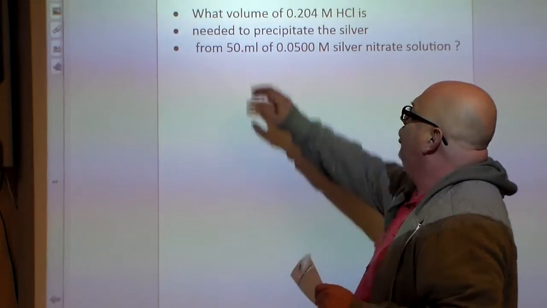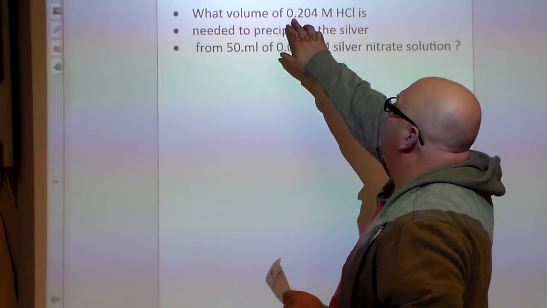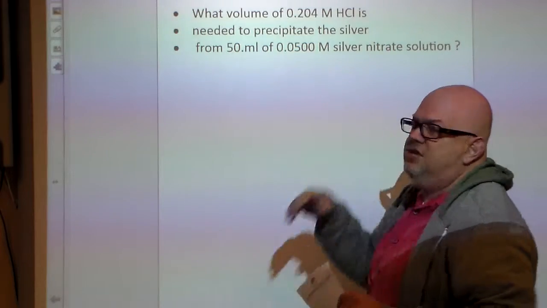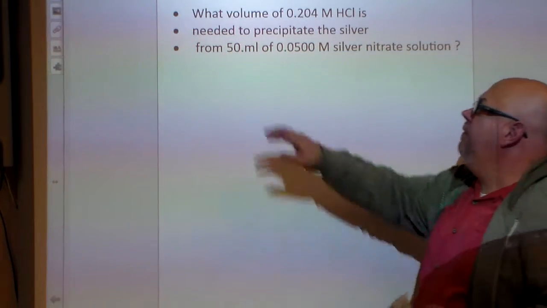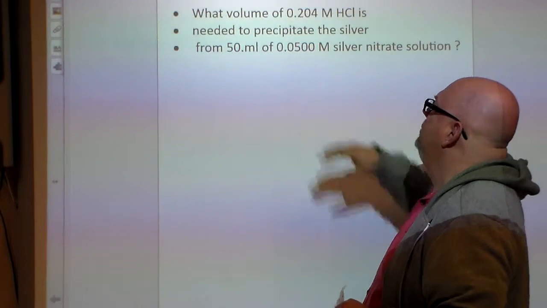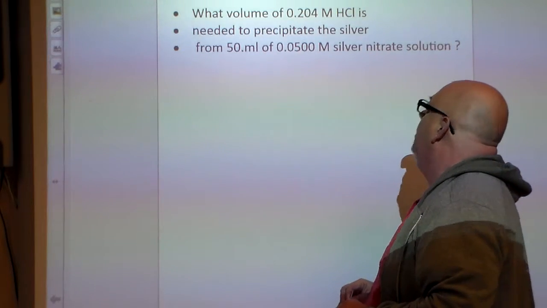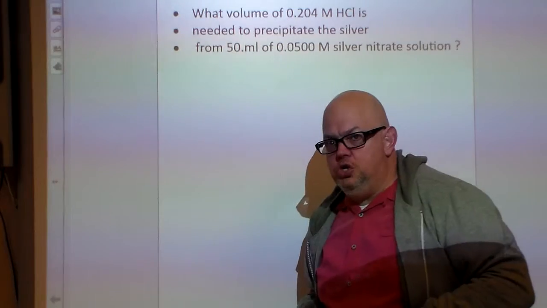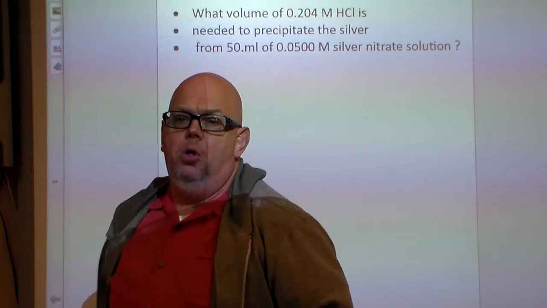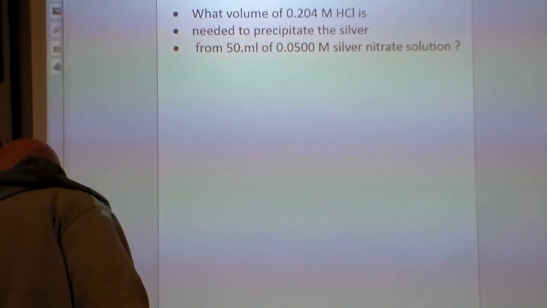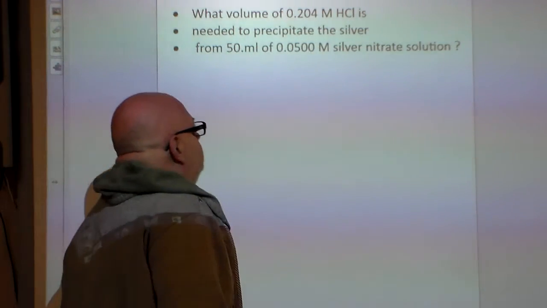The question is this: what volume of 0.204 molar HCl is needed to precipitate the silver from 50 milliliters of 0.0500 molar silver nitrate solution? Whew, mouthful. Well, okay, let's take a look at the question.